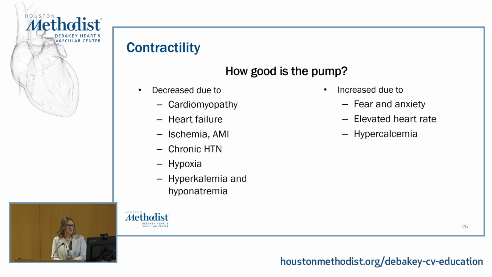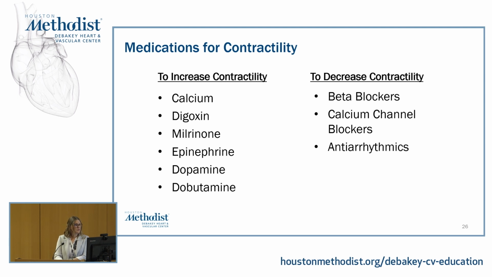Your contractility is increased due to fear and anxiety, that fight or flight response, elevated heart rate, and hypercalcemia. To increase your contractility, you're going to see medications calcium, digoxin, milrinone, epinephrine, dopamine or dobutamine. And to decrease contractility, you're going to see beta blockers, calcium channel blockers, and antiarrhythmics.